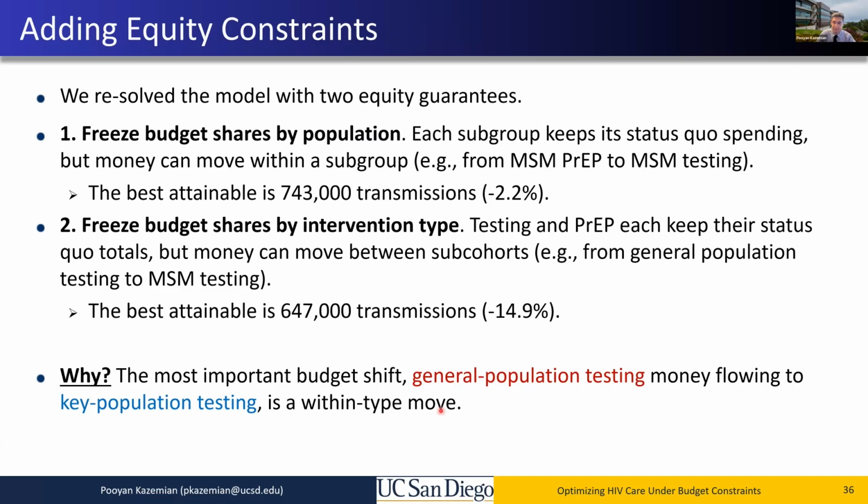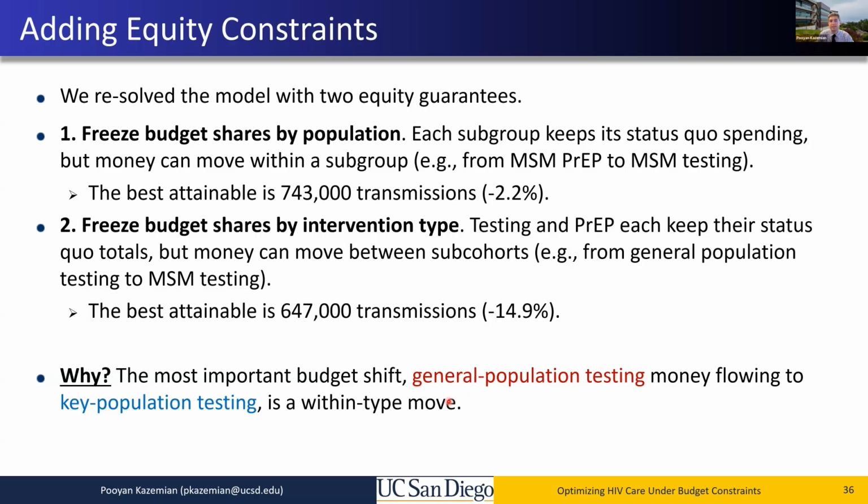The other thing that we did, which is kind of interesting, is adding equity constraints to the optimization problem and then resolving it, which only takes a few seconds thanks to the power of optimization modeling. The first equity constraint that we add freezes the budget shares by population. So we said that each subgroup should keep its status quo spending, but money can move within subgroups.